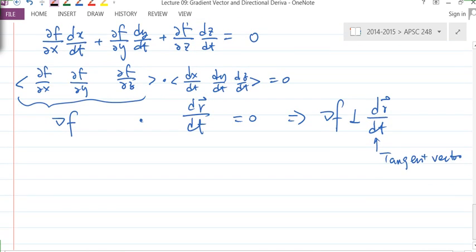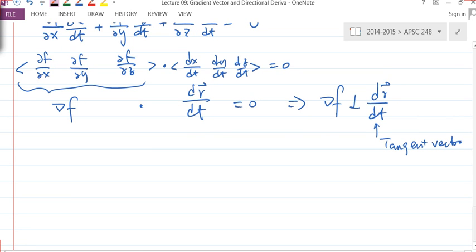So that actually naturally brings us to the question right here. In the previous lecture, we drew the conclusion that we can approximate a surface using a tangent plane around a certain point, right?